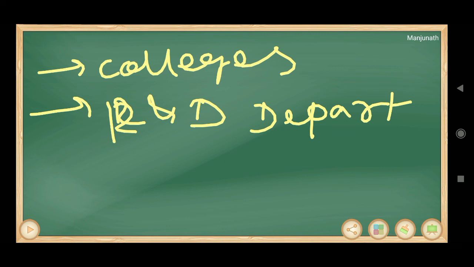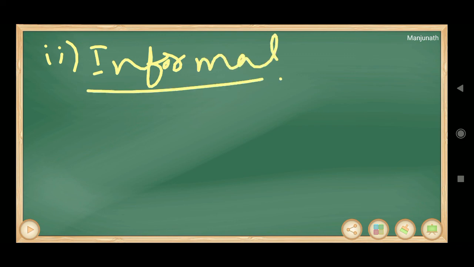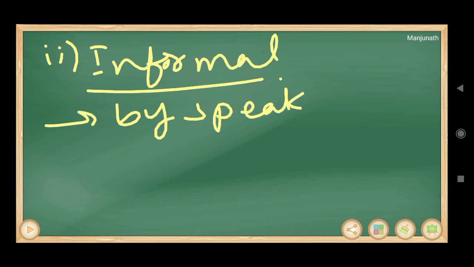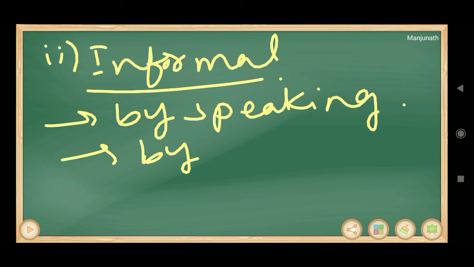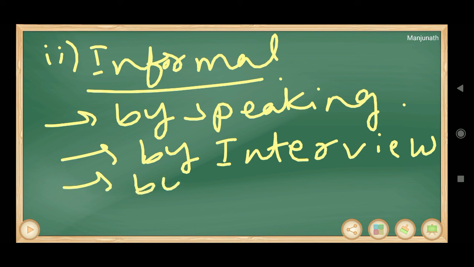In informal sources of non-documentary information, you get information by speaking with a person, by interview, by observation.